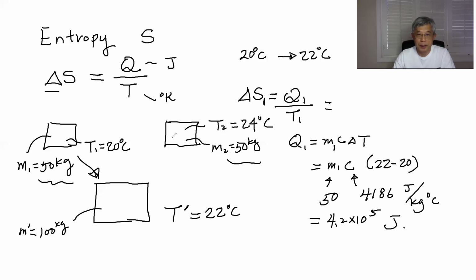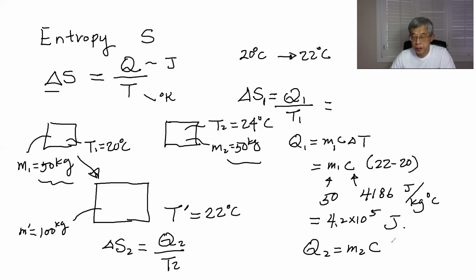How about for this side here? It's dropped in temperature, so delta S2 is equal to Q2 divided by T2. And what's Q2? Q2 is equal to M2, 50 kilograms, times C times delta T, which is 50 times 4186.